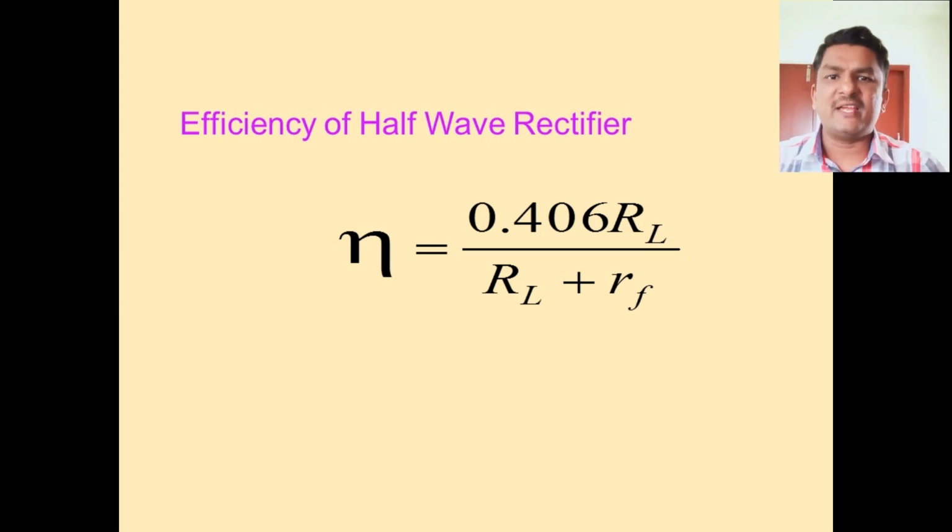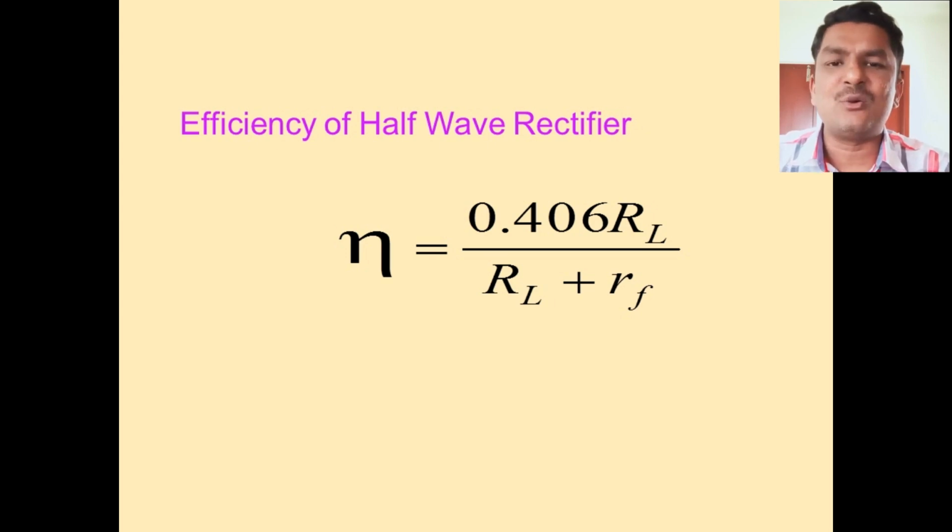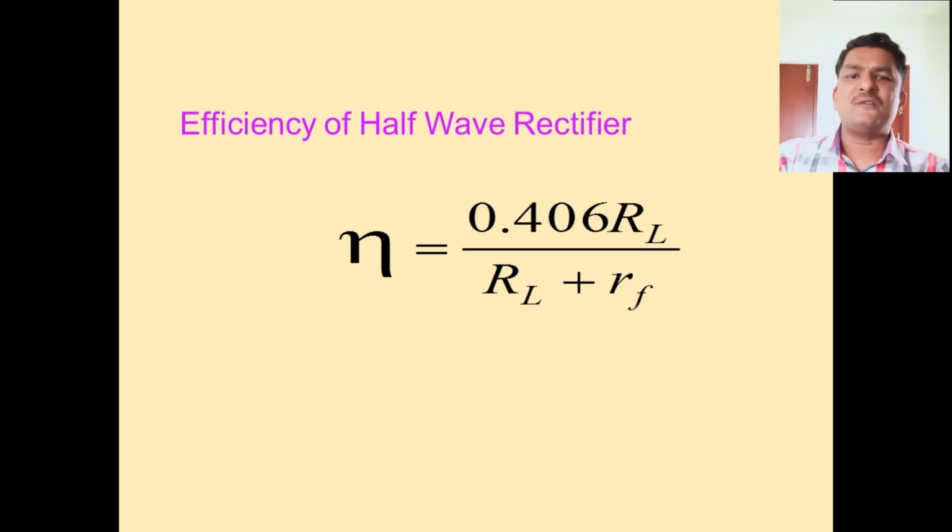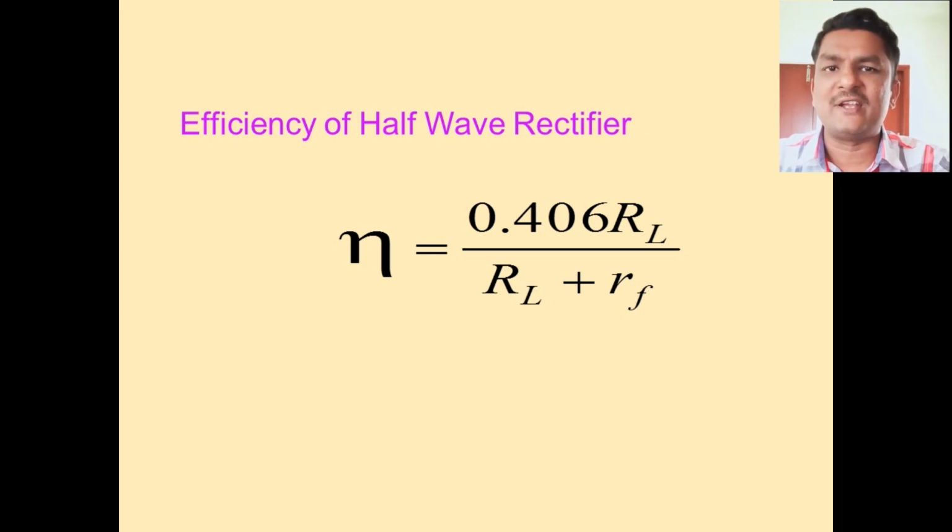Efficiency of a half-wave rectifier can be given by eta equal to 0.406 into RL by RL plus RF, where RL is load resistance and RF is resistance of the diode when it is in forward bias condition. Okay, note down that.